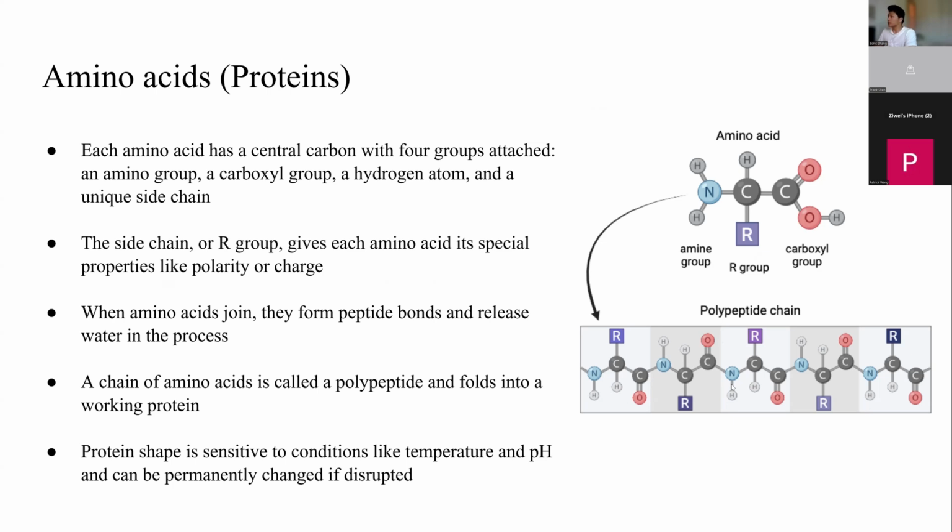It is what's called a polypeptide. And eventually, later on, after many adjustments, it folds and becomes a functional working protein. And we'll talk about that when we get to what's known as translation in DNA.